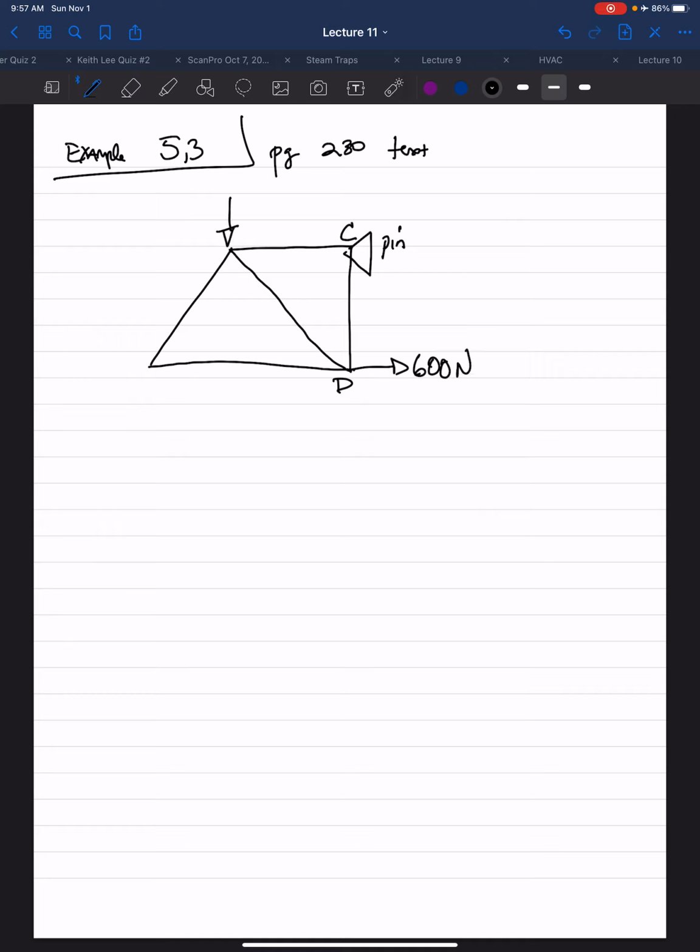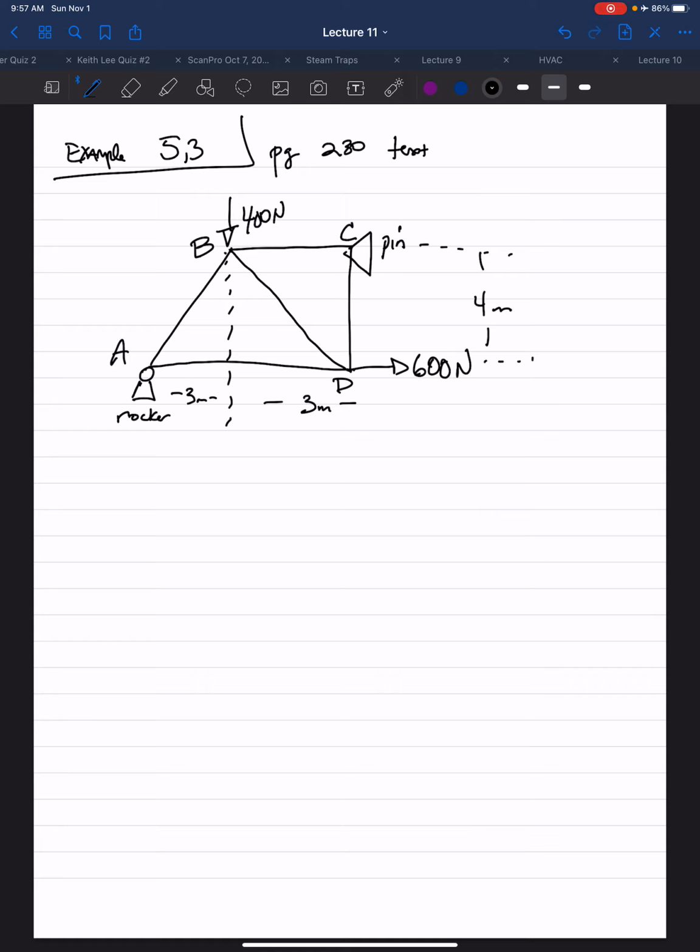We have a 400 Newton force at joint B. A is a rocker. This is 3 meters, and that's 3 meters. That's 4 meters.